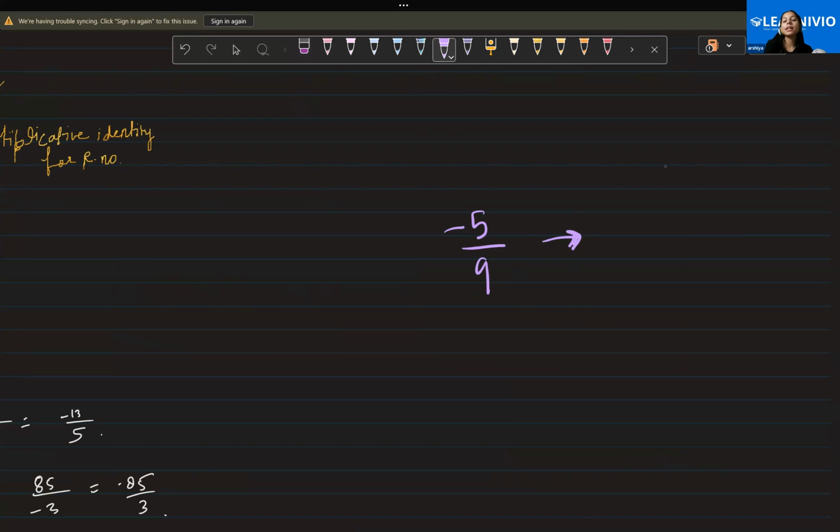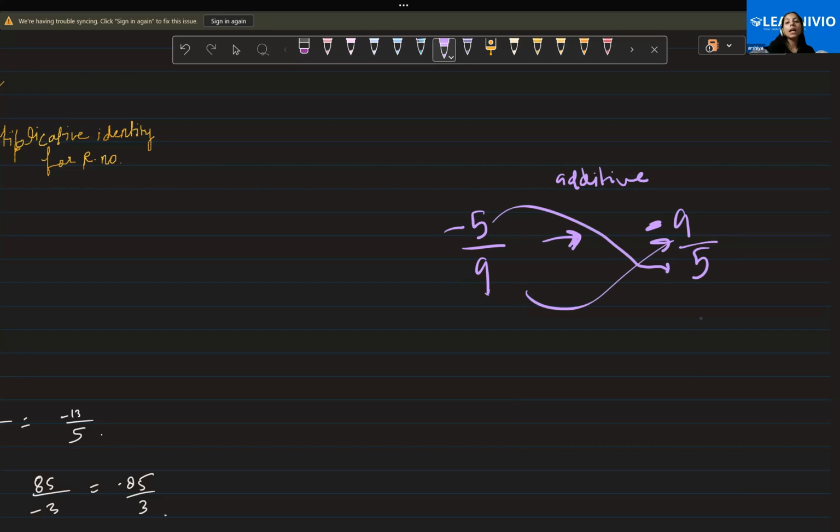Okay, so I have negative 5 by 9 and I want to write the additive inverse. Simply keep the numbers and change the signs: 9 is positive, so it will become negative, and 5 is negative, so it becomes positive.